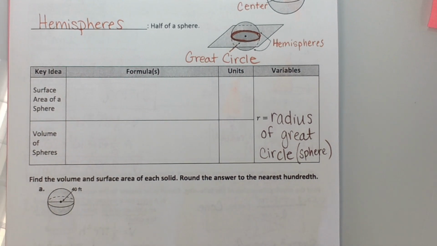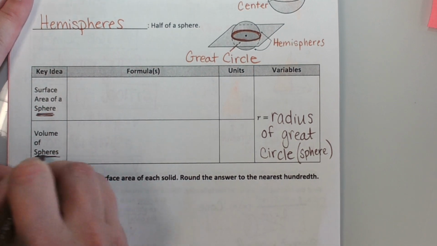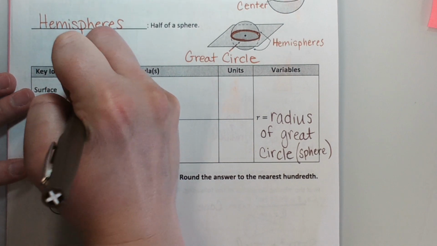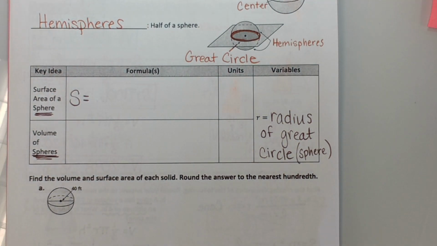Now, if we are focusing in on just the spheres first, the surface area for a sphere: if I were to take that great circle and lay it out, kind of plastering the sphere in shapes the size of that great circle, I could fit exactly 4 of them on there.